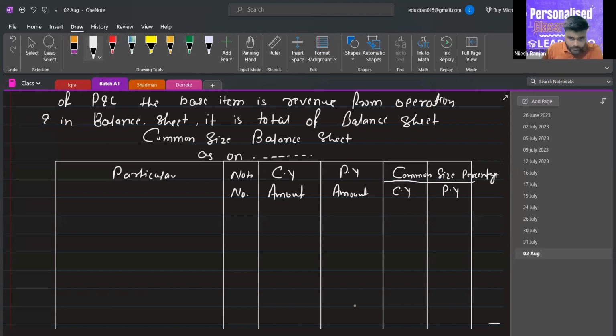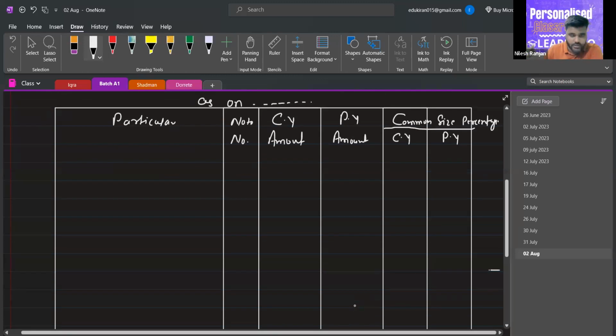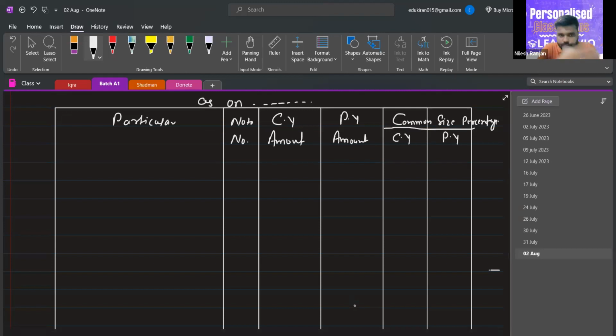This is our format, and the format is the same: whatever item names we write in the balance sheet and statement of profit and loss format will be the same here also. So let's see a question first.